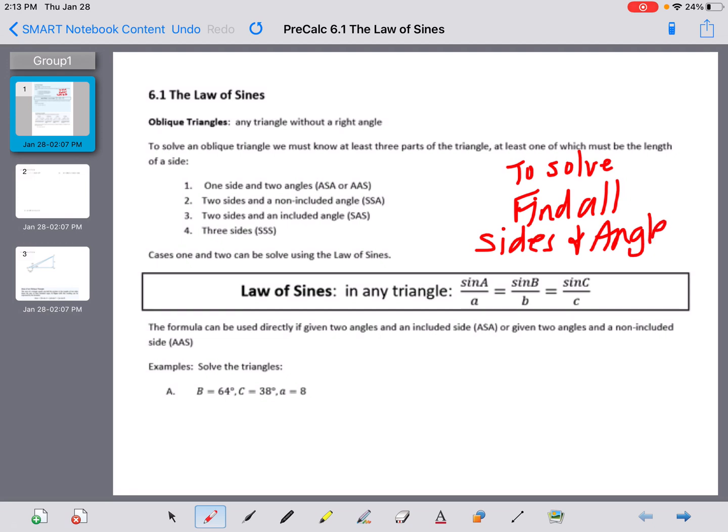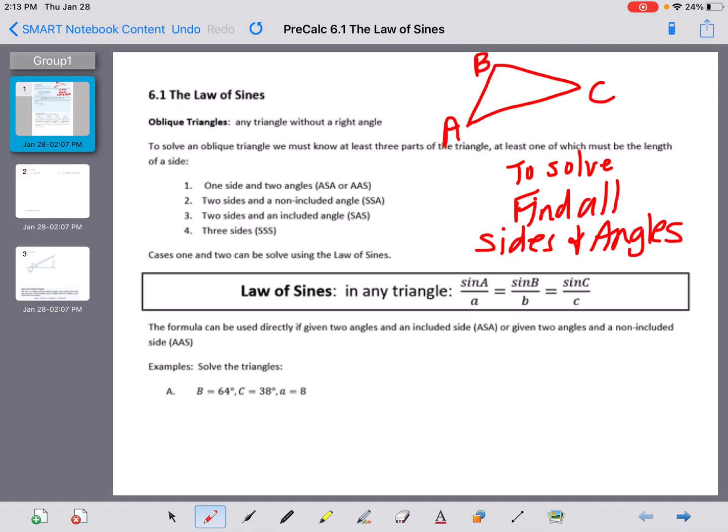Okay, so a couple things here as we talk about the law of sines and cosines. One is I need to make sure we understand how to label a triangle. So we have a triangle, 3 angles. It is commonly called angle A, angle B, and angle C, and we tend to capitalize those angles, okay?